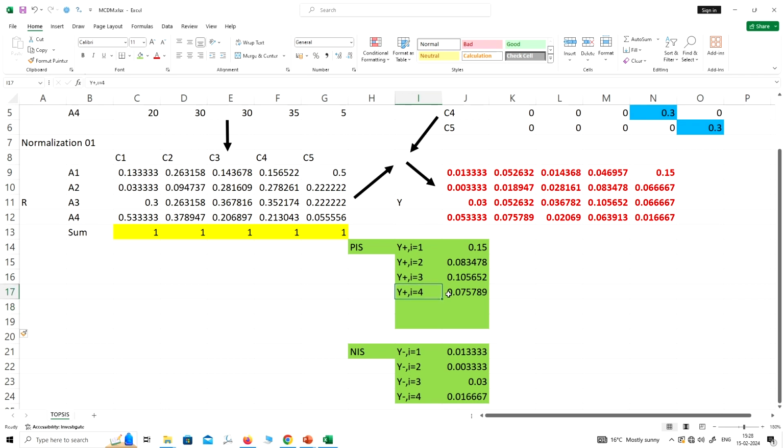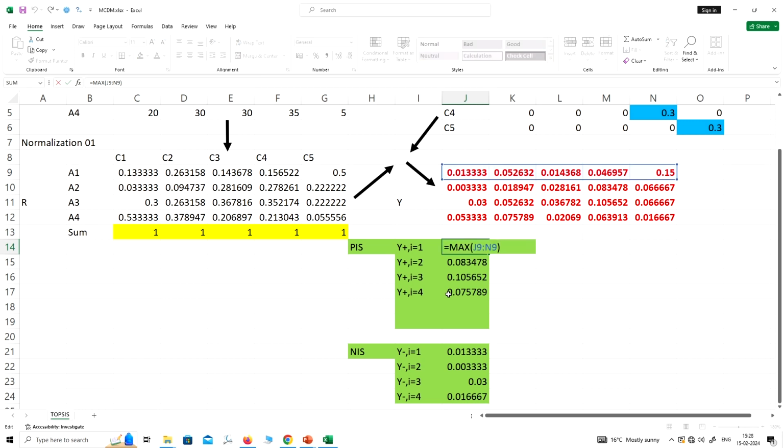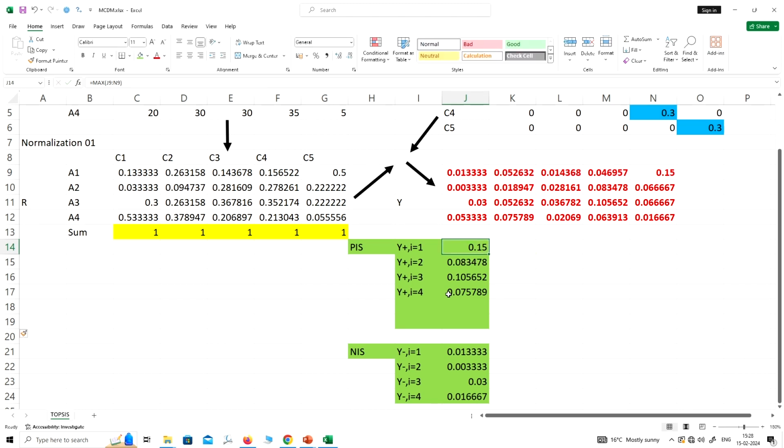Technically, it will be i equal to. If I have interchanged the rows and columns, they would be calculated accordingly.